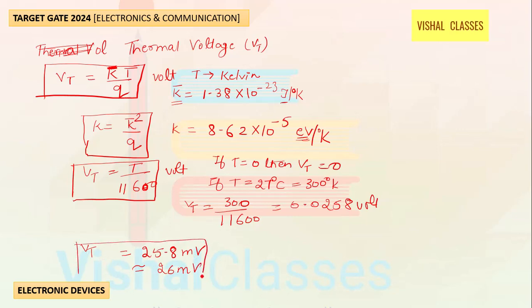Remember this value also: thermal voltage at 300 Kelvin is 26 millivolt.